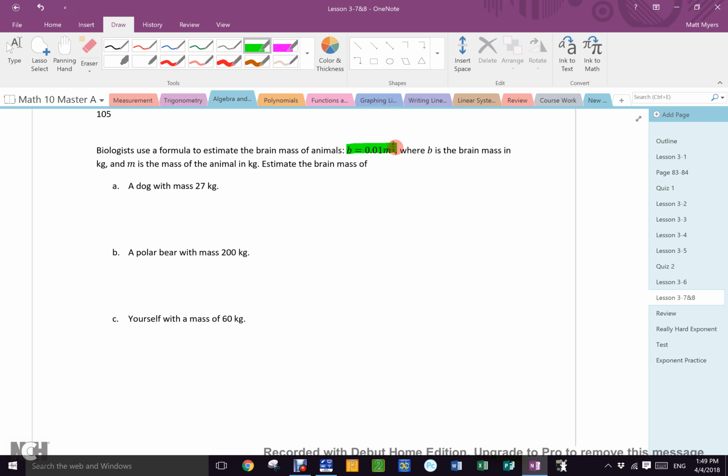So you've been given a formula. B equals 0.01 M to the 2/3. Do you have either a B or an M in the first one? You have an M. So where does that go? 0.01 times 27 to the 2/3.